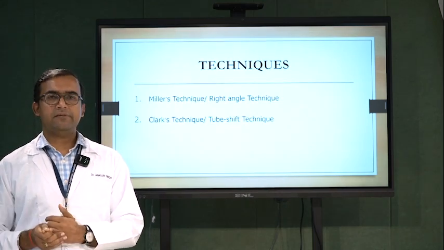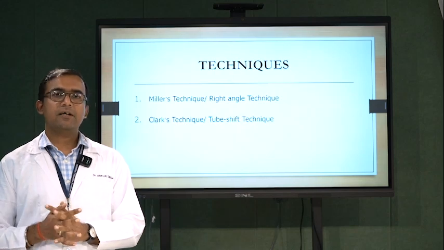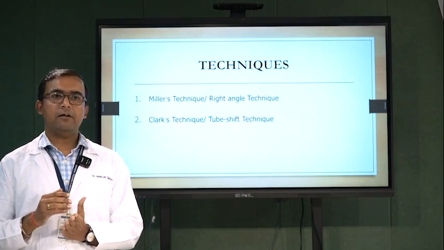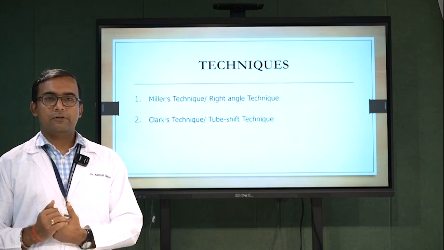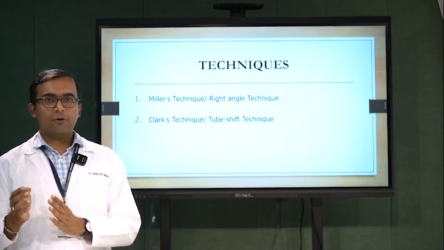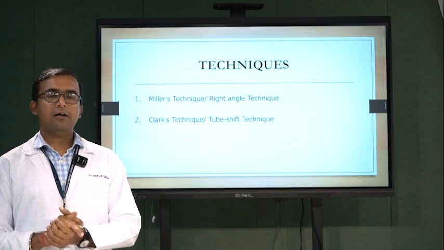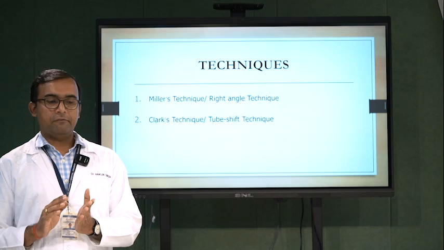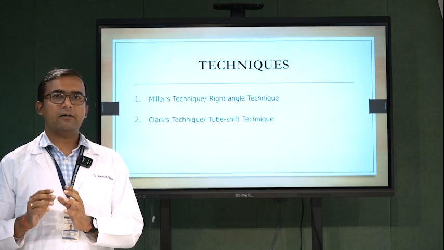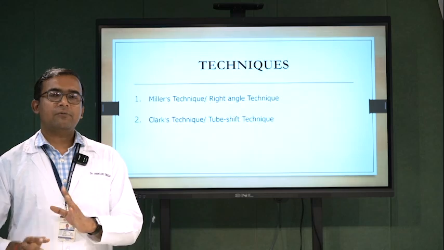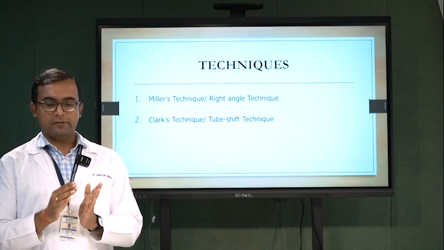So first image that we take is an IOPA, suppose. So IOPA gives us two dimensions, superior inferior and mediodistal. But the depth, the bucco-palatal or buccolingual depth, is always missing. So in order to get that, we have to perform a second view perpendicular to IOPA. In case of IOPA, we can also take some OPG.